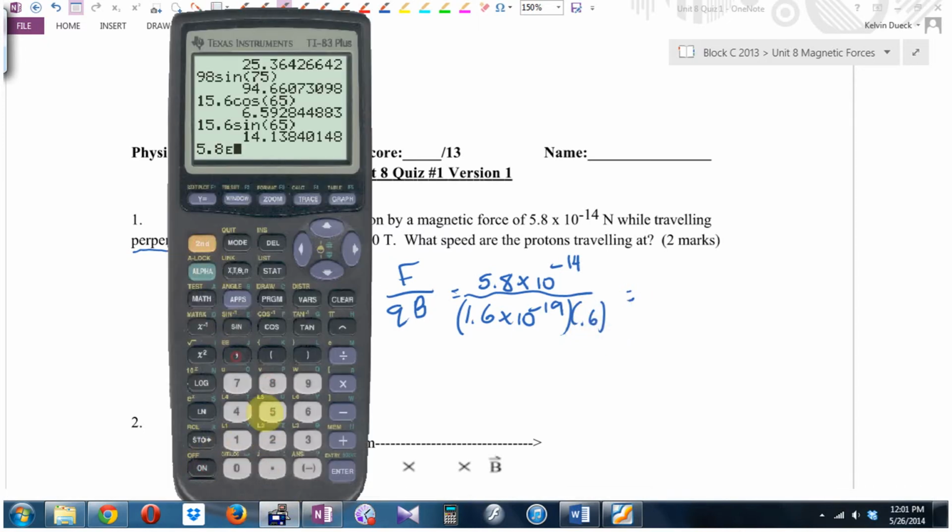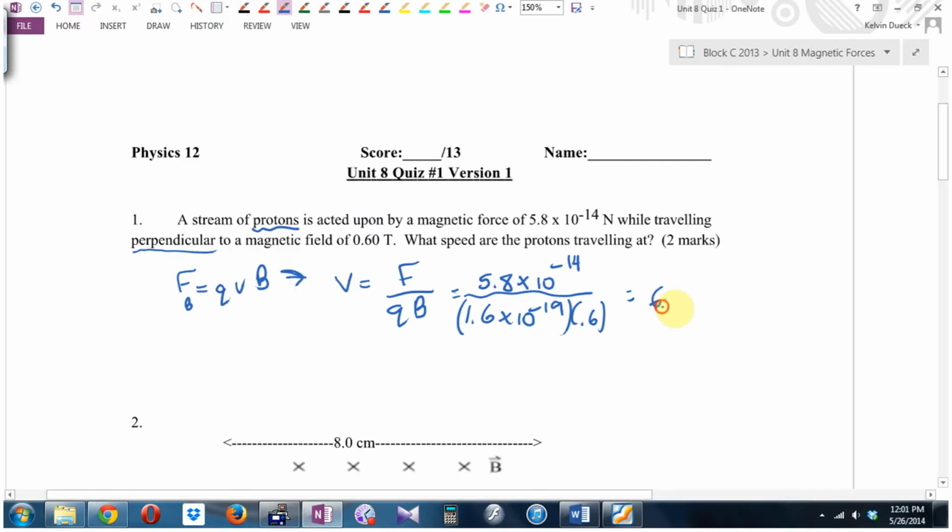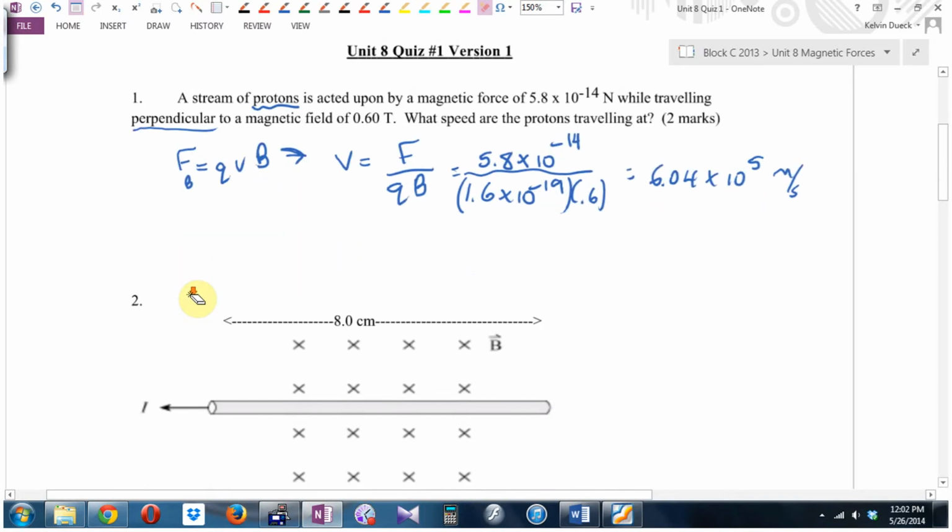So 5.8 times 10 to the negative 14 divided by bracket 1.6 times 10 to the negative 19 times 0.6. Do y'all get 6.04 times 10 to the 1, 2, 3, 4, 5? Yeah? And as I said before, for each of these, 1, 2, 3 variables, any 3, you should be able to find the fourth. Okay.